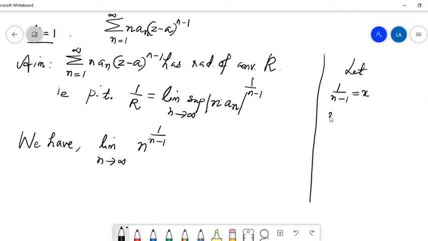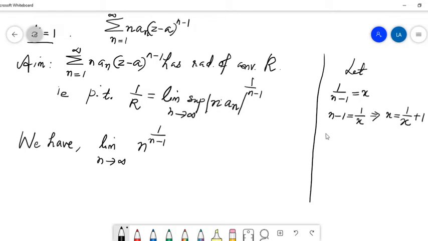That means n minus 1 is equal to 1 by x, which implies n is equal to 1 by x plus 1.